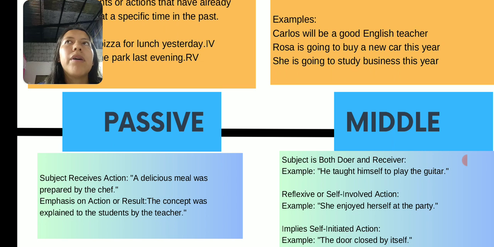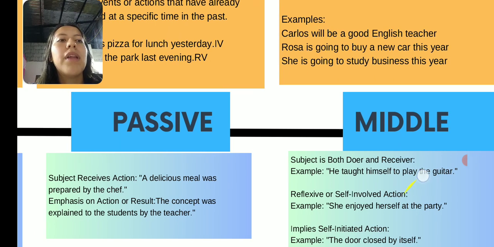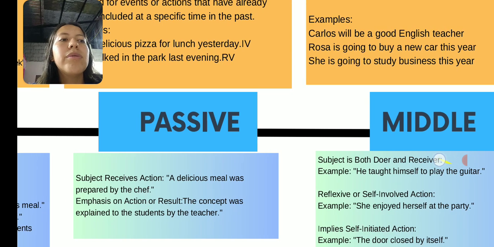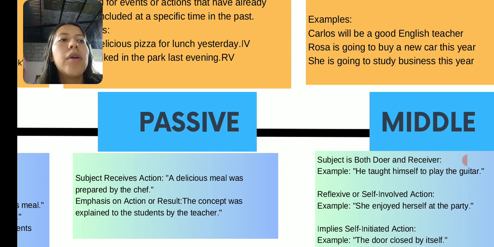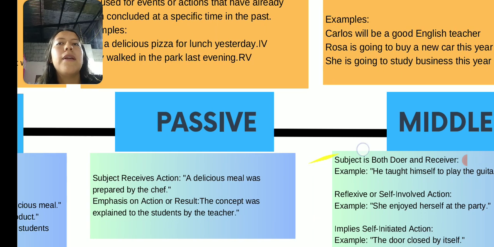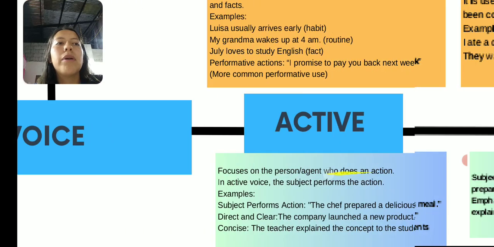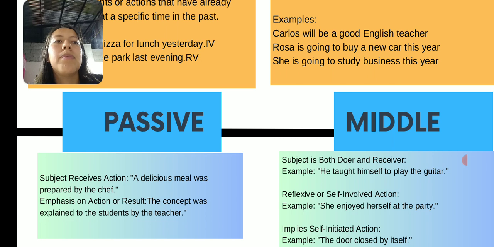It also informs reflexive or self-involved action: she enjoyed herself at the party. Or it implies self-initiated action. For example, the door closed by itself. This is the voice: active, passive, and middle voice.